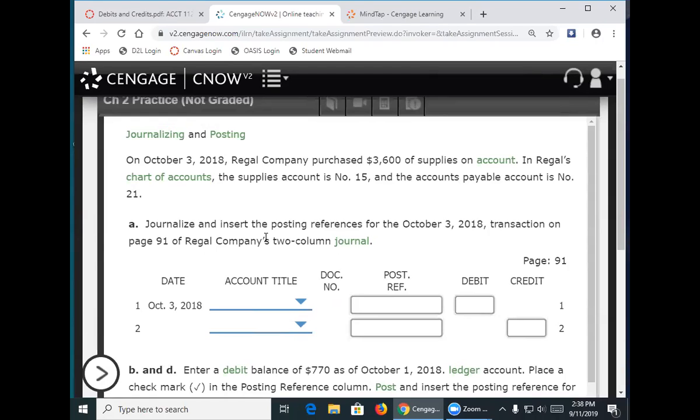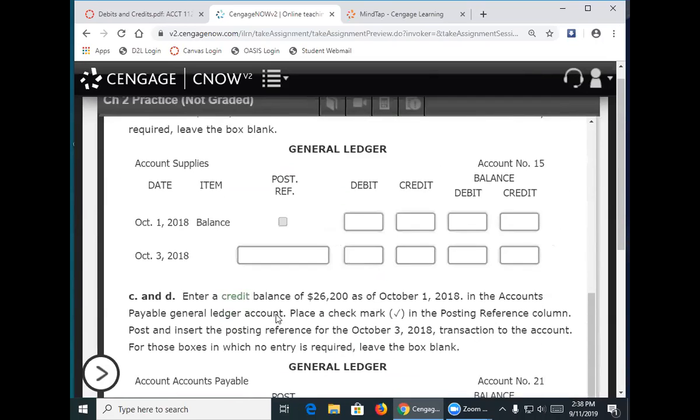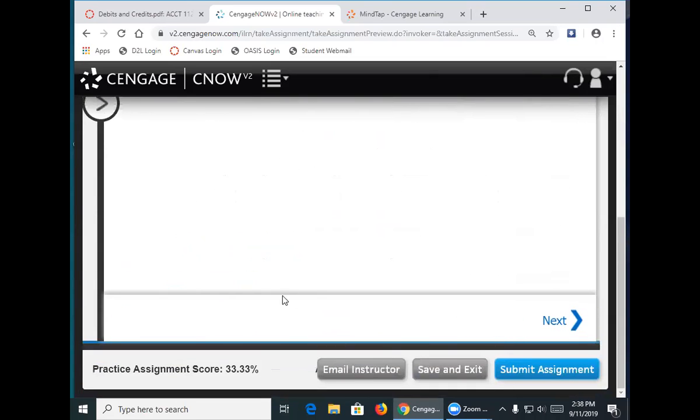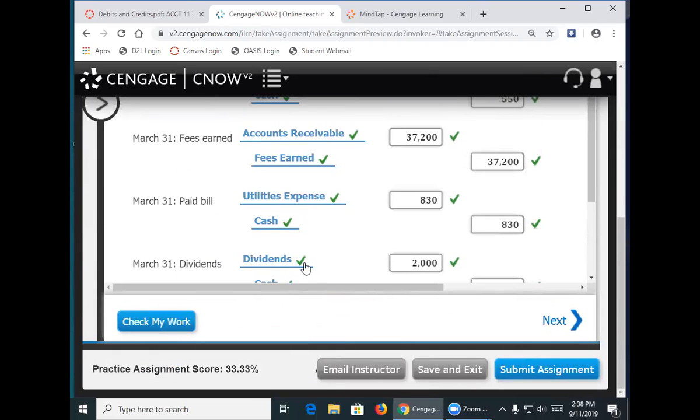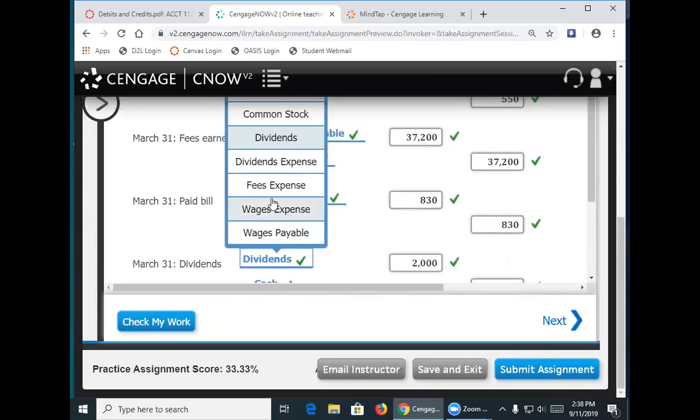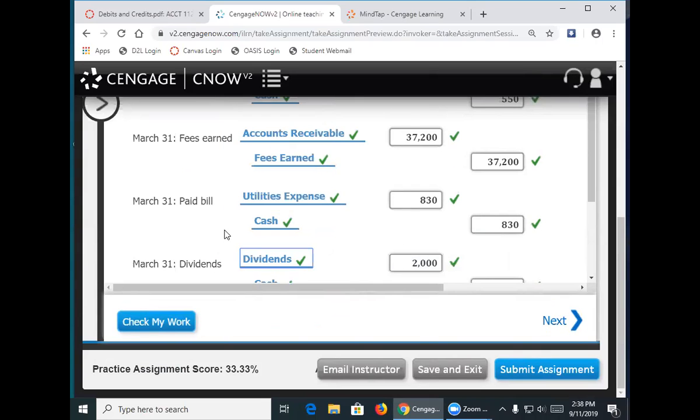On the other little sheet we did, my computer is telling me that the dividends expense at the very end is the wrong account. Oh, it's just dividends, not dividends expense. If they have an option for dividends expense, you just want the dividends account.